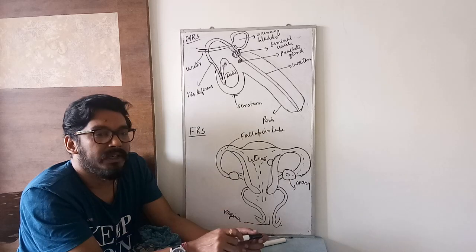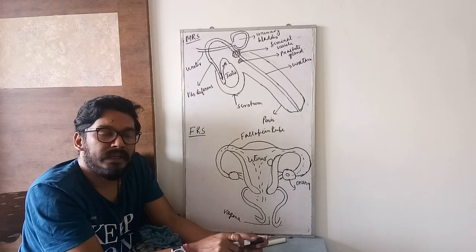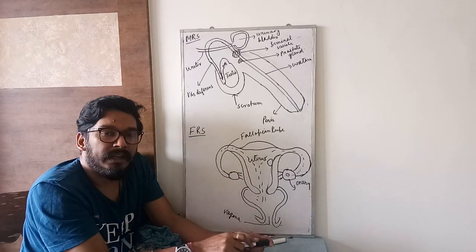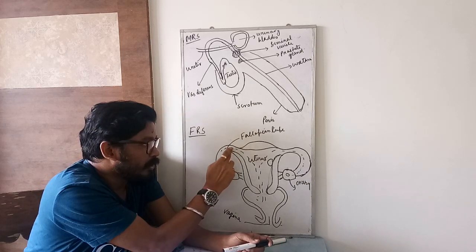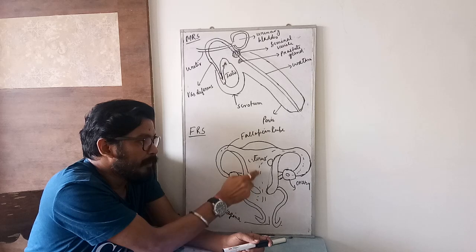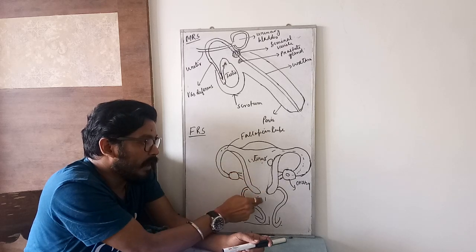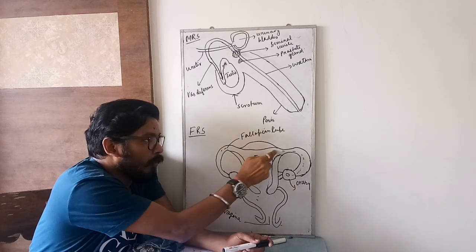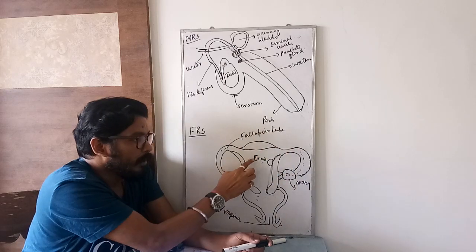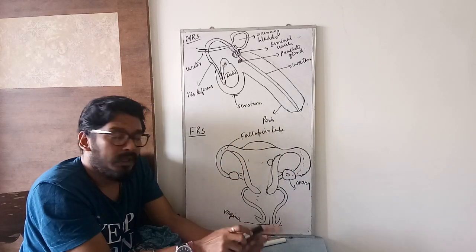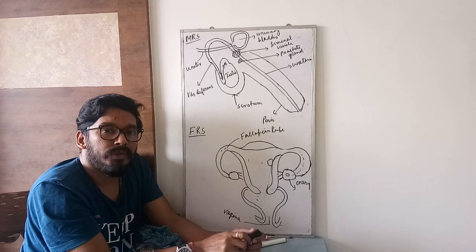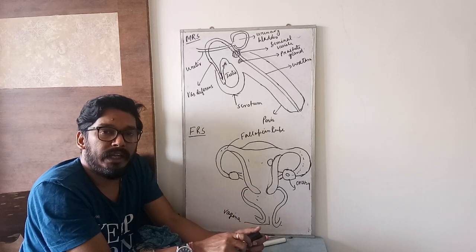Now the question comes, what is placenta? I have said that every month an egg gets matured, and when the egg gets matured, the uterus also prepares itself to hold the egg. So during the maturation of the egg, the uterus also prepares itself to hold the embryo.